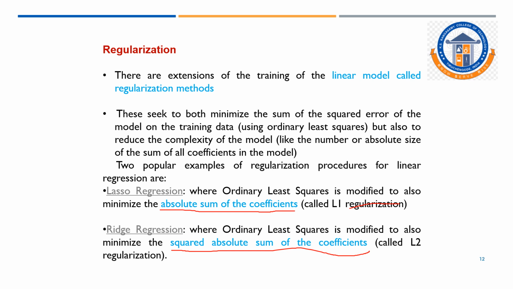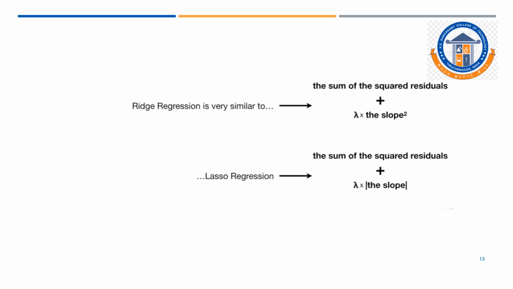Ridge regression is called L2 regression. This is the equation: the sum of squared residuals, which is your least square error, plus your slope square. It is ridge regression. Only with the slope, it is lasso regression.